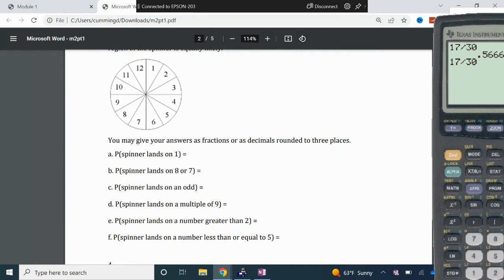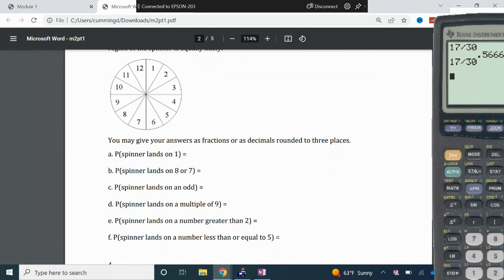The second one says the probability the spinner lands on 8 or 7, right, which was similar to that last problem. The probability that the spinner lands on an odd number, the probability that the spinner lands on a multiple of 9, the probability that the spinner lands on a number greater than 2.